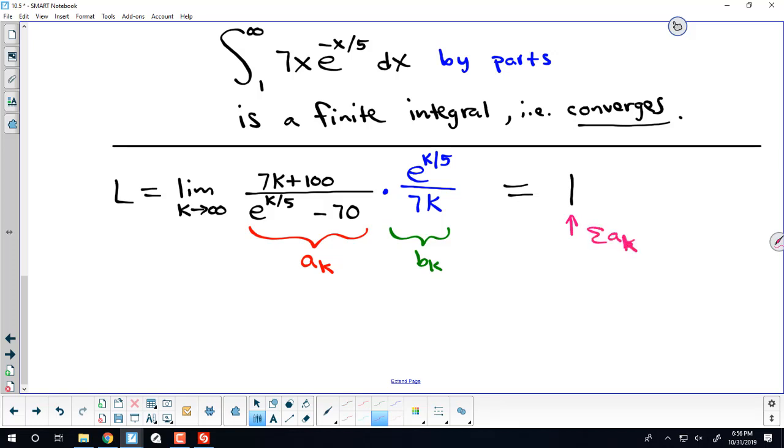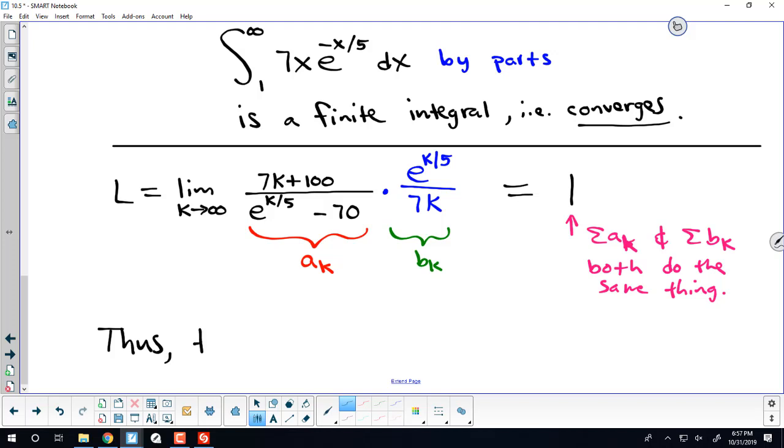Here's a sub k and b sub k. Thus, the given series converges.